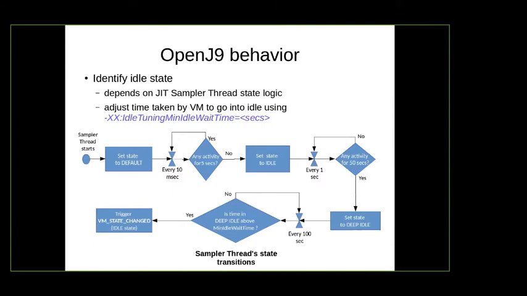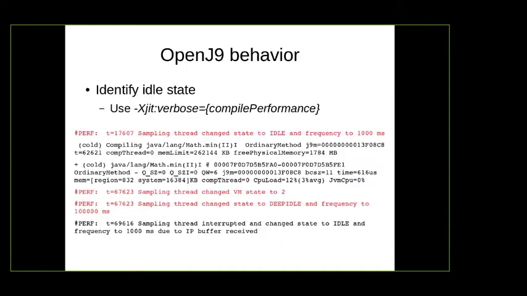So this is in short about the logic that we use for identifying the idle state of the VM. If you want to know whether your VM has gone into idle state or not, you can actually enable JIT logs.